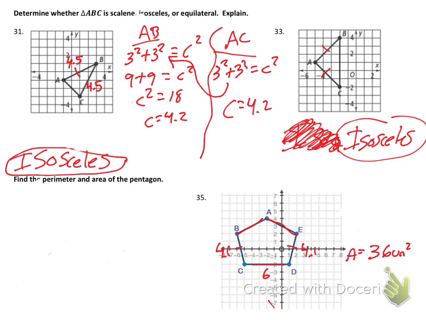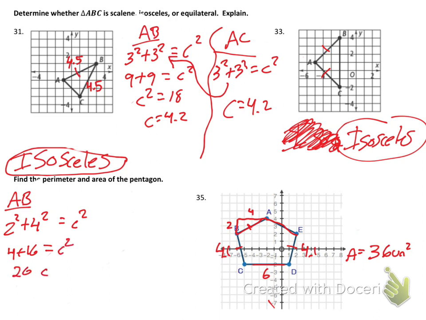So what I'm going to do is draw my right triangles here. This is 2. This is 1, 2, 3, 4. And that's going to give me this A to B. So A to B, or segment AB, is going to be 2 squared plus 4 squared is equal to that line, so C squared. So 4 plus 16 is going to be C squared.